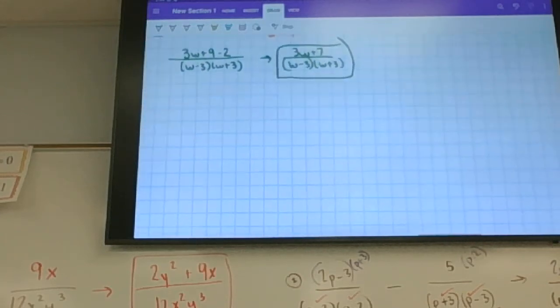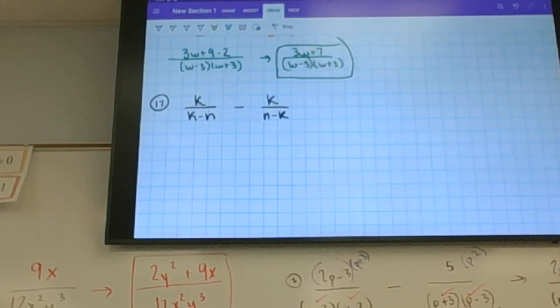13. So I'm gonna reorder this K minus N into N minus K so that they're in the same order.